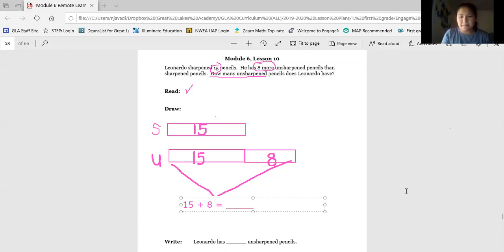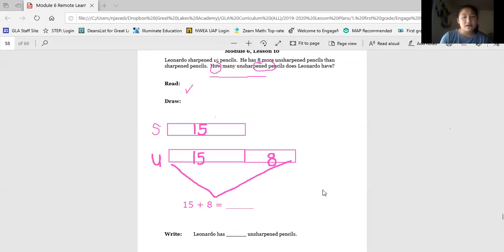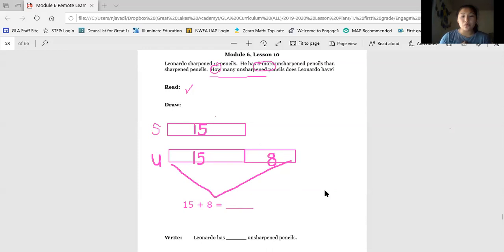equals blank. Now, scholars, it's your choice whether you want to grab 8 and count on, or add 10, or make 10. I'm going to make 10.